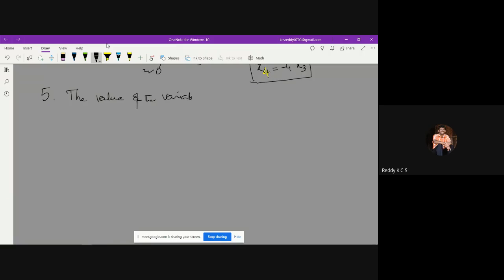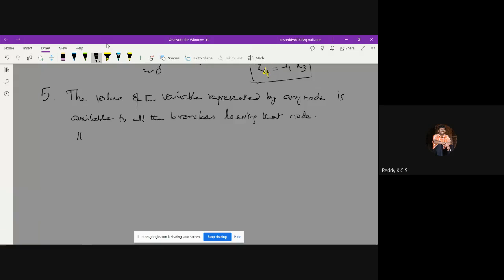So the value of the variable represented by any node is available to all the branches leaving that node. It means the number of branches leaving a node does not affect the value of the variable represented by that node.